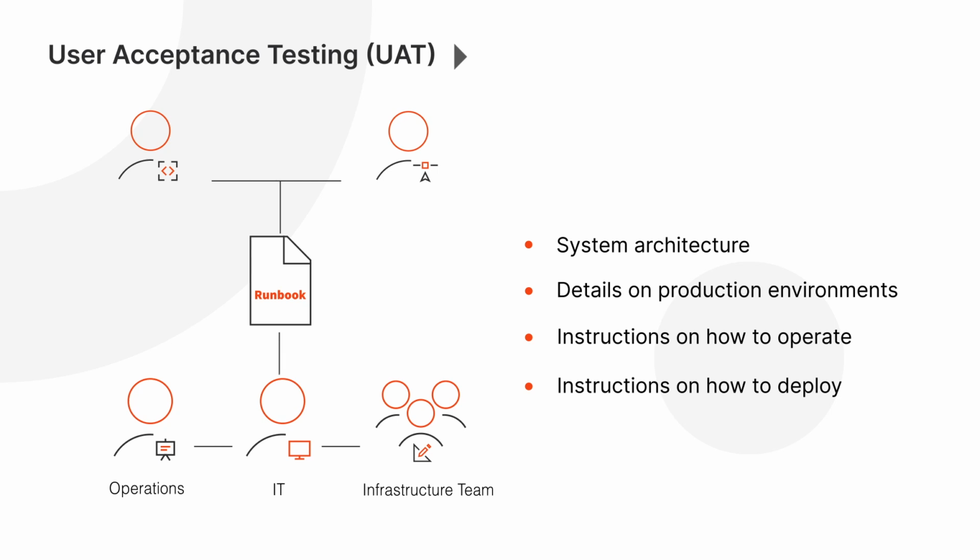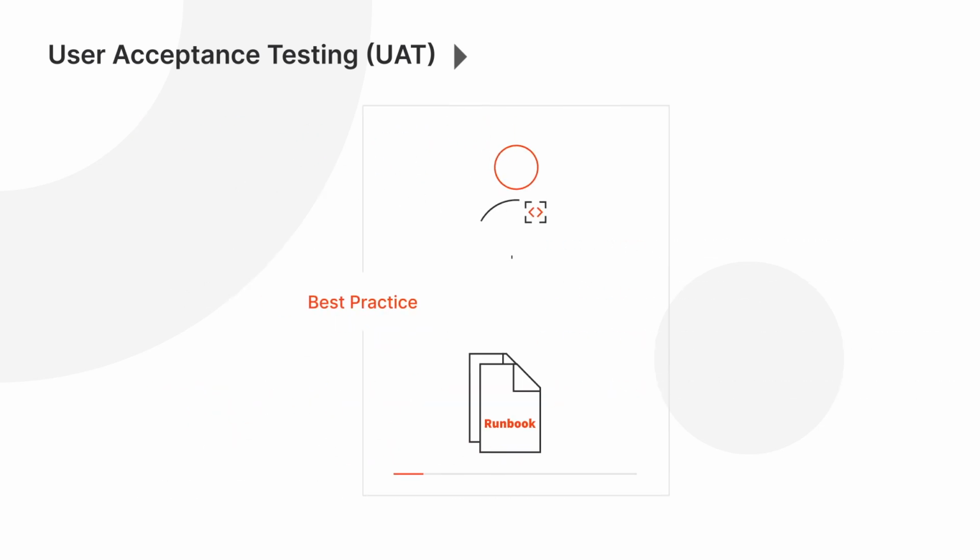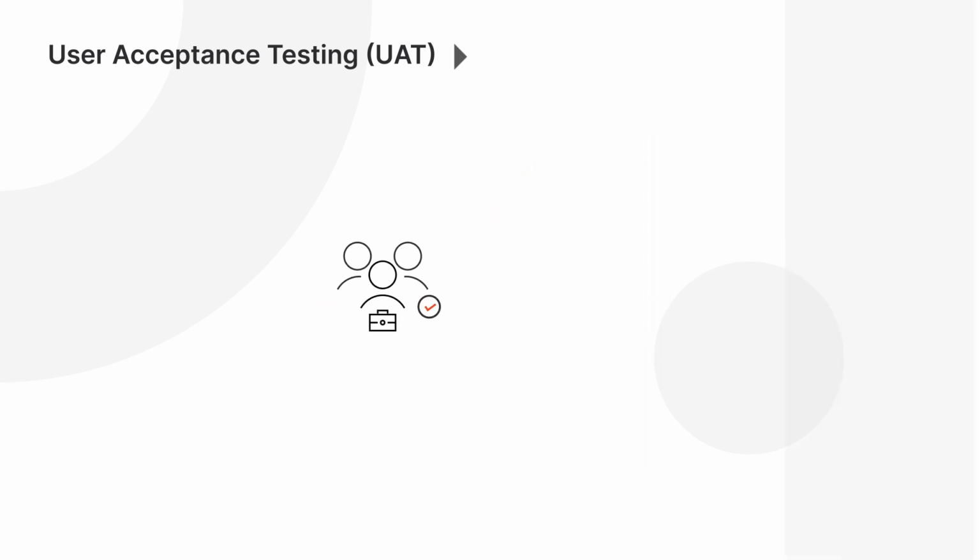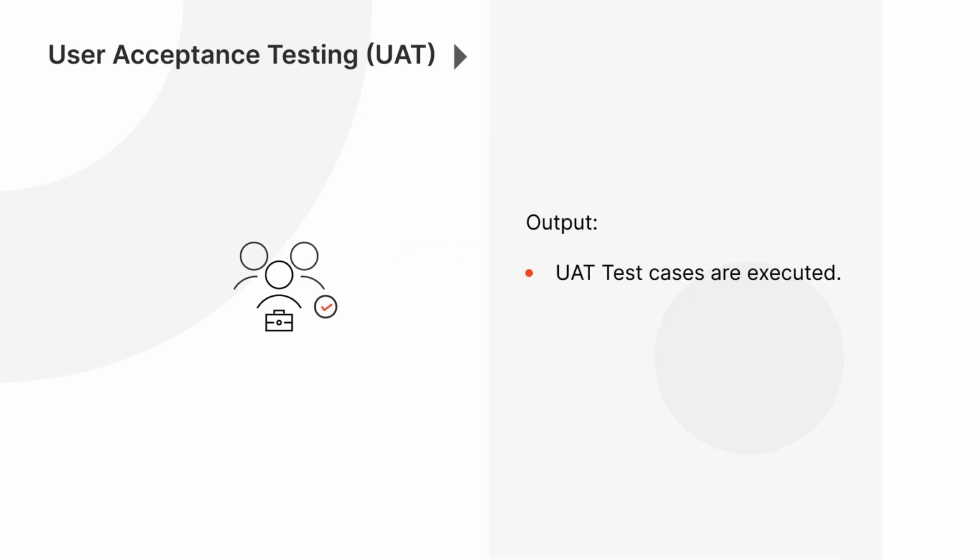If needed, the runbook document template can be further adjusted during hypercare. As a best practice, we highly recommend documenting the runbook template for every automation. Upon successful UAT testing, the client's team signs off on the automation implementation.